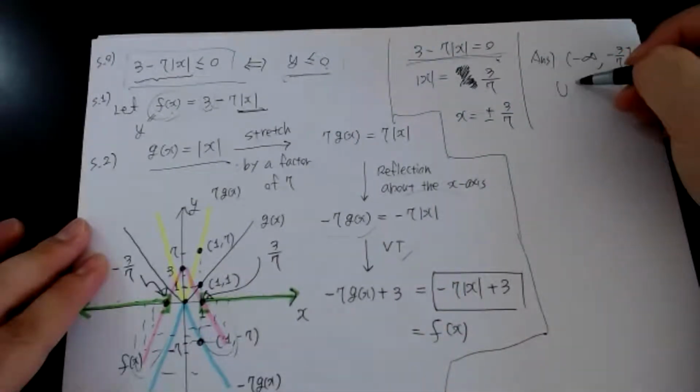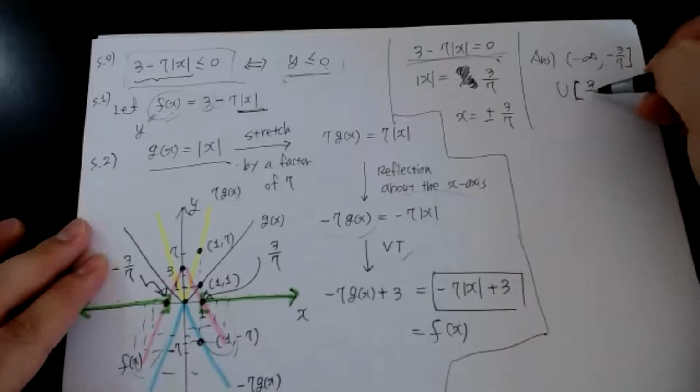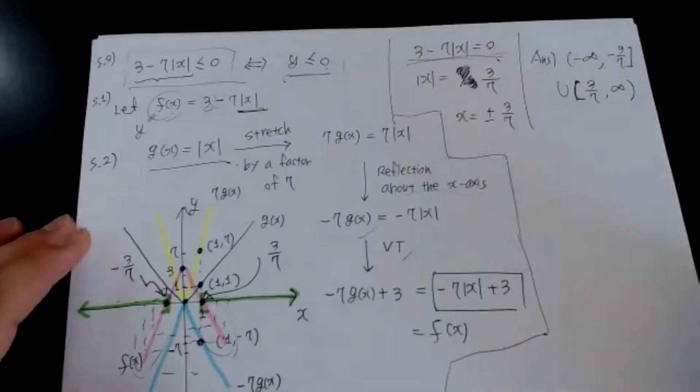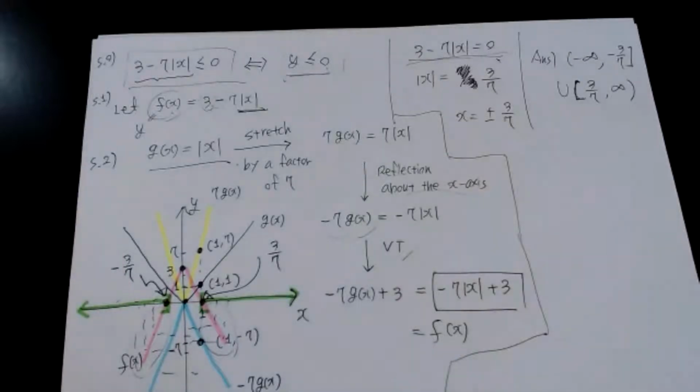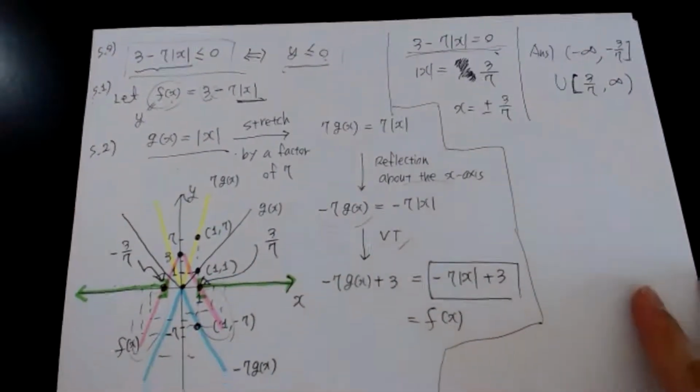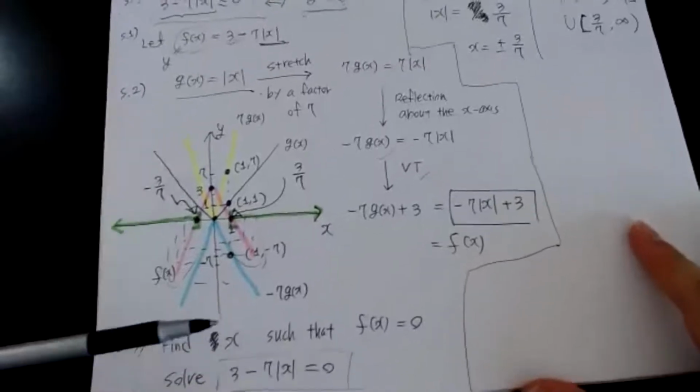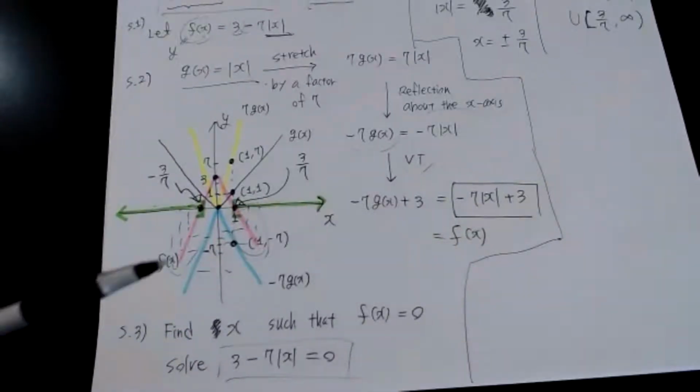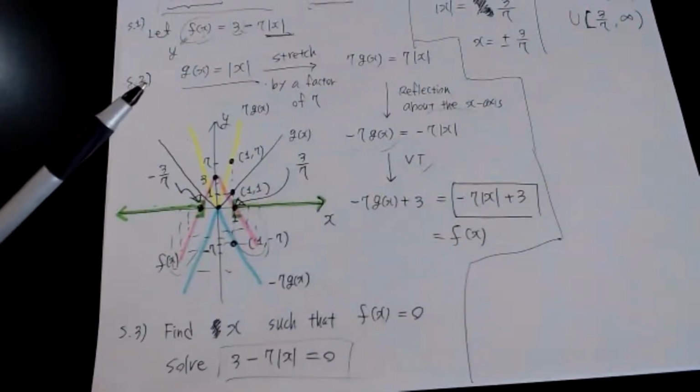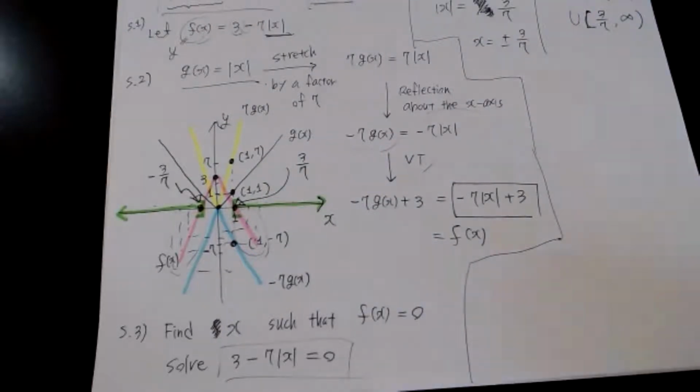And the union, positive 3 over 7, closed, to infinity. Please keep this step in mind. We're going to revisit that strategy when you study quadratic functions.